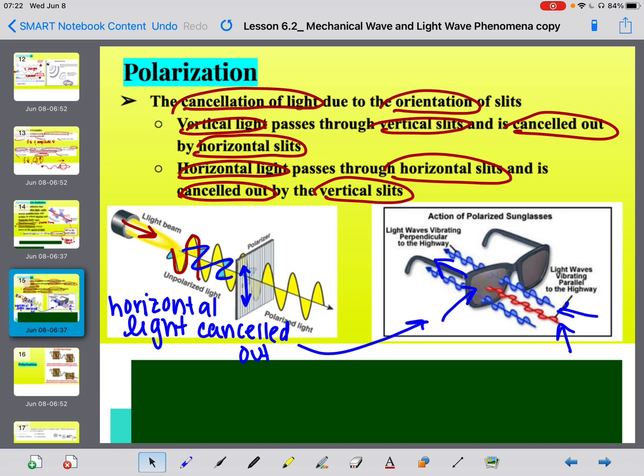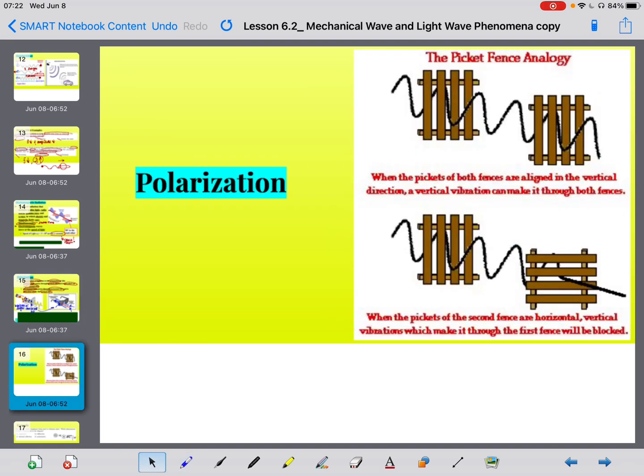Okay? So, a really good way to remember this, and I thought this was a very cute example. I think if I was in high school and I learned it like this, it would have been really helpful for me. But we use a picket fence analogy. So, when the pickets of both fences are aligned in the vertical direction, a vertical vibration can make it through the fences, right? So we're just going through the fence and because they're both vertical, right?